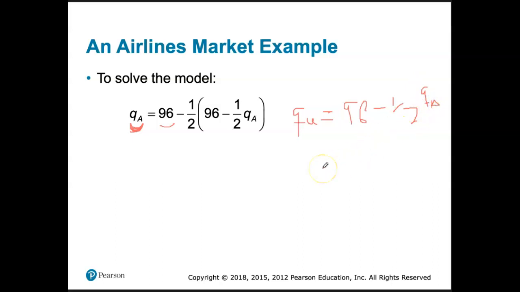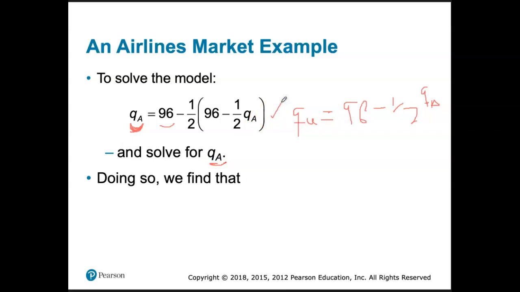So from here we can easily solve for QA. From this equation we find that QA equals 64 and QU will equal 64 as well.